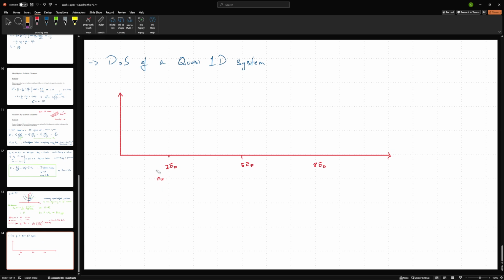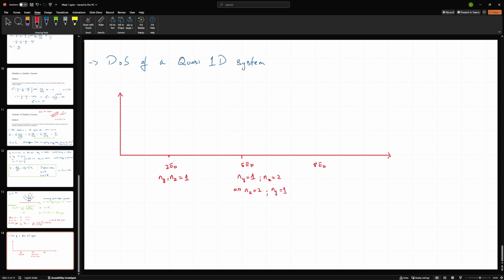And here this is ny equal to 1, nz equal to 2, or nz equal to 2 and ny equal to 1.